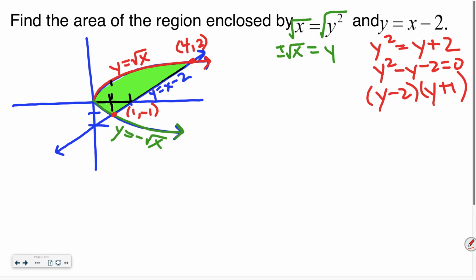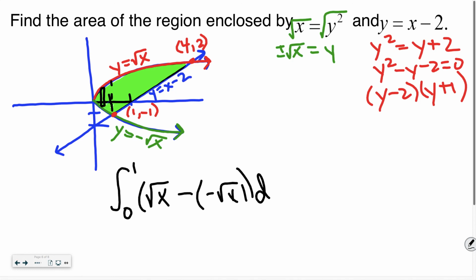Okay. So if we split this up, for Pierce's suggestion, from 0 to 1, these rectangles, their top sits on radical x minus the bottom of the rectangle sits on negative radical x. And then we would add to it the area between our 2 curves from 1 to 4.